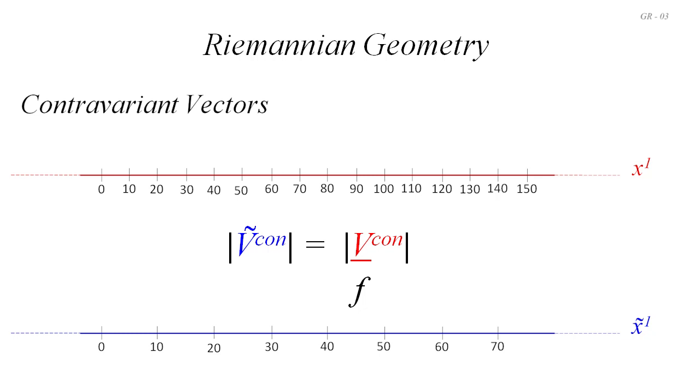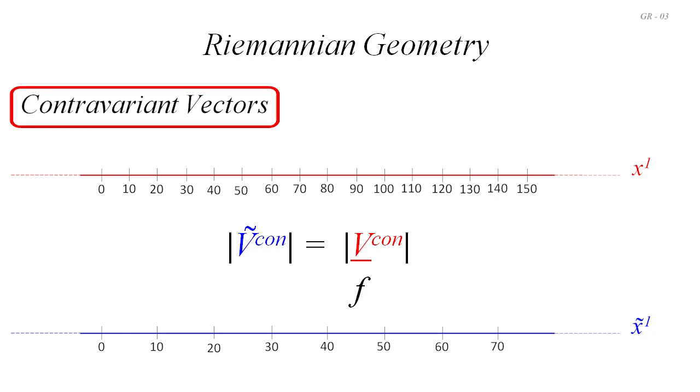In this equation we are using blue v tilde within the modulus signs as the measured size of the vector after transformation to the blue x1 tilde frame. This new blue measurement is equal to the old measured size of the vector in the red frame divided by f, where f is the factor by which the frame has been stretched in changing from red to blue. This is for a contravariant vector.